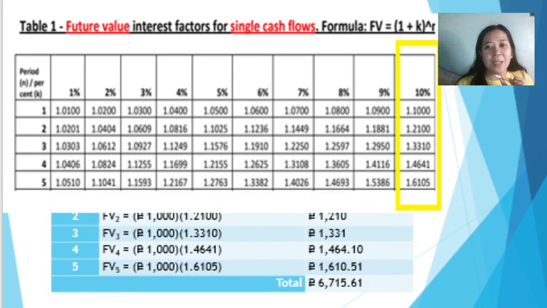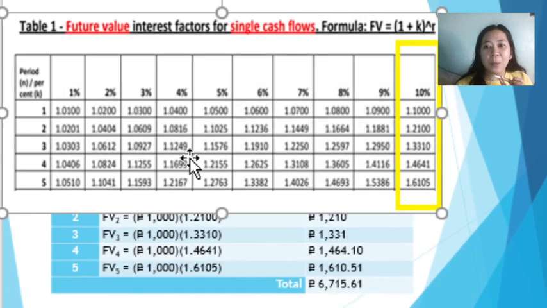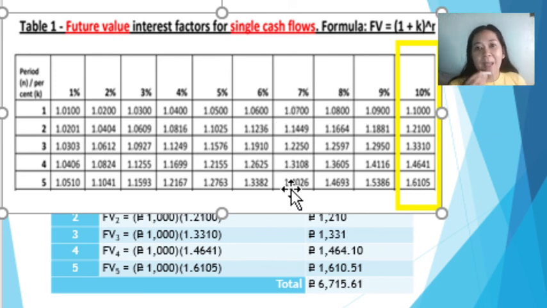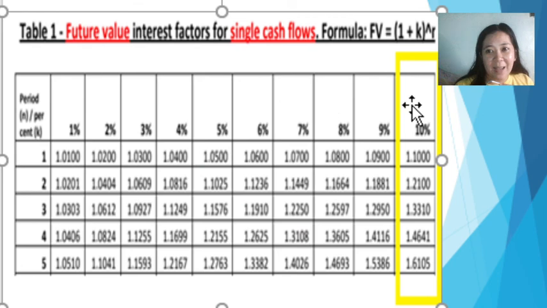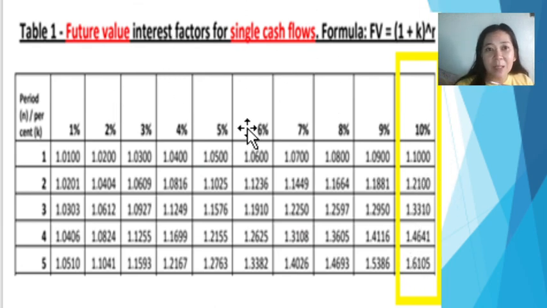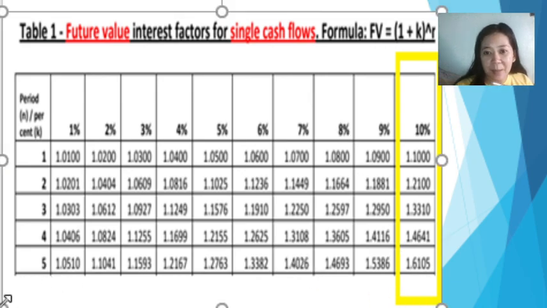Next, what if you would like to solve for the annuity every year? To do that, we will use table 1, the same table as in the previous case under the single cash flow.